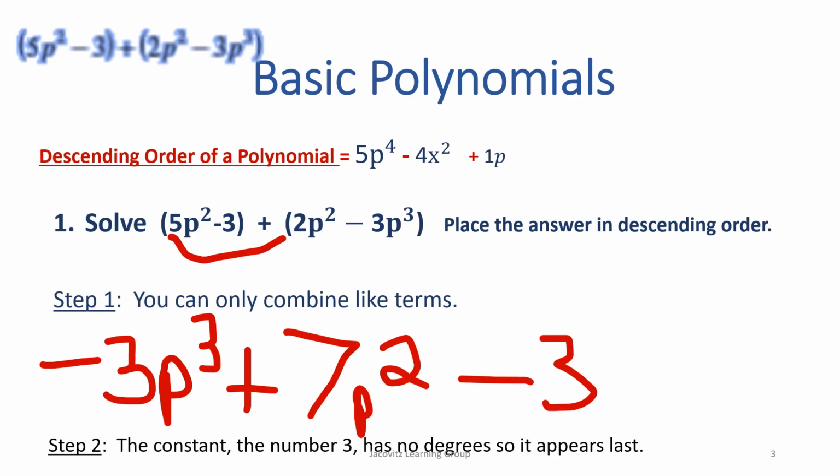Okay, so we have a plus sign here. And because the brackets separate one equation from another, we have to assume that this is an addition problem.